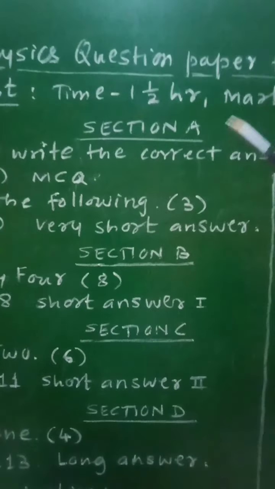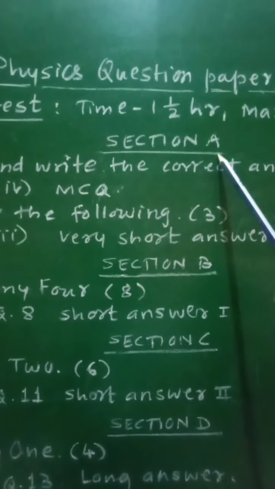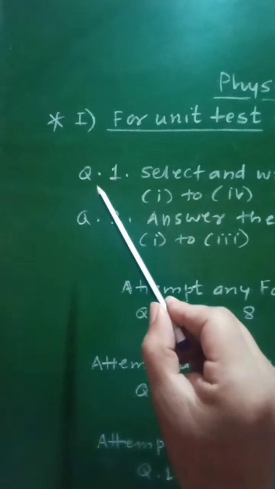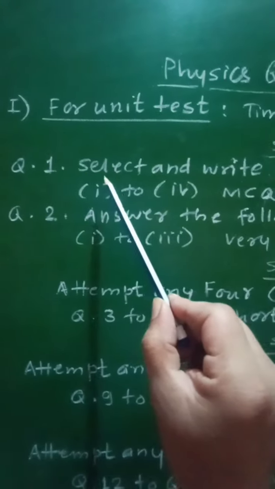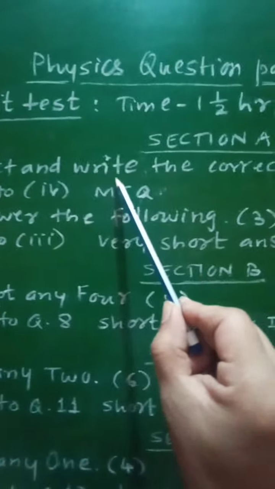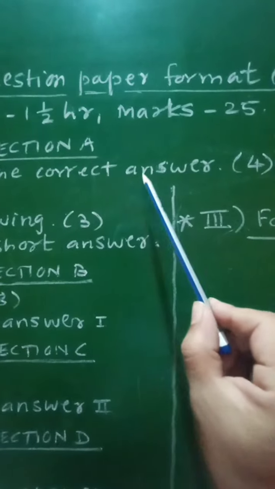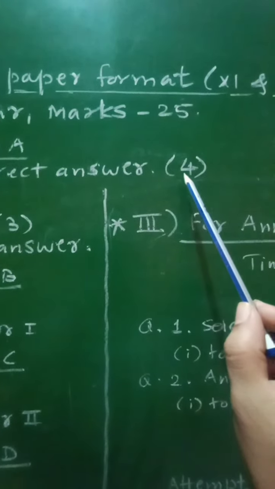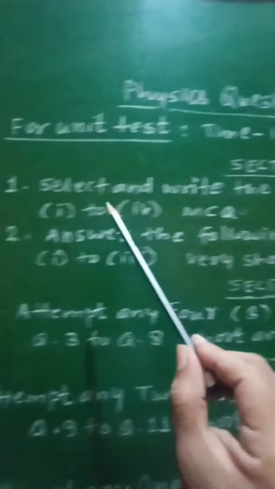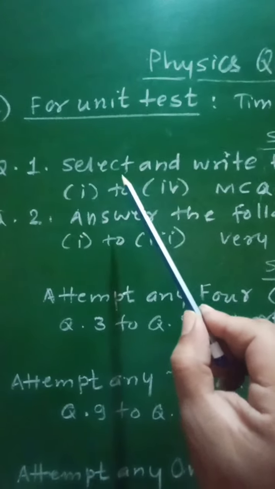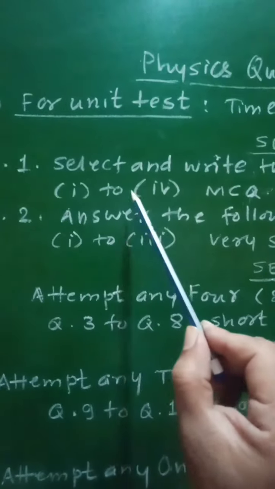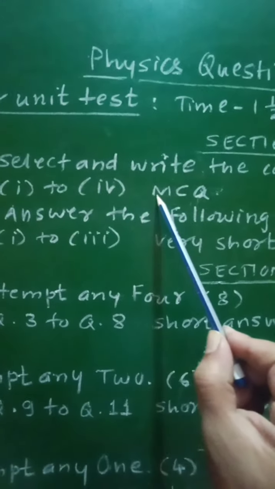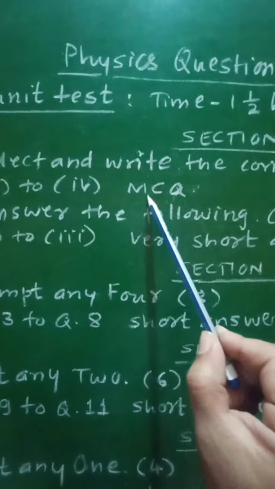If you consider section A, it will include question number 1, which will be select and write the correct answer, and it will carry 4 marks. In this question number 1, there will be 4 sub questions in the form of MCQs, multiple choice questions.